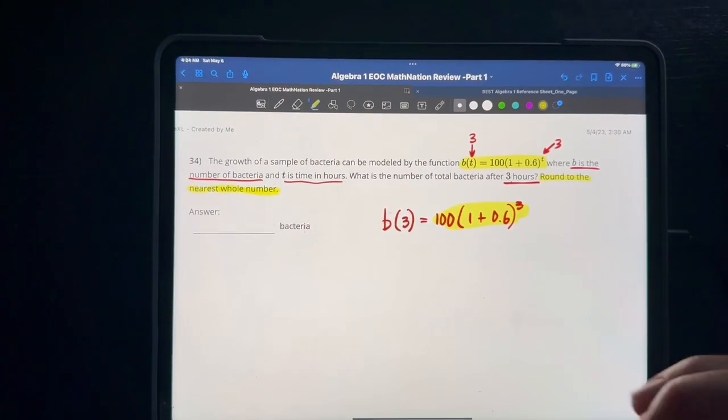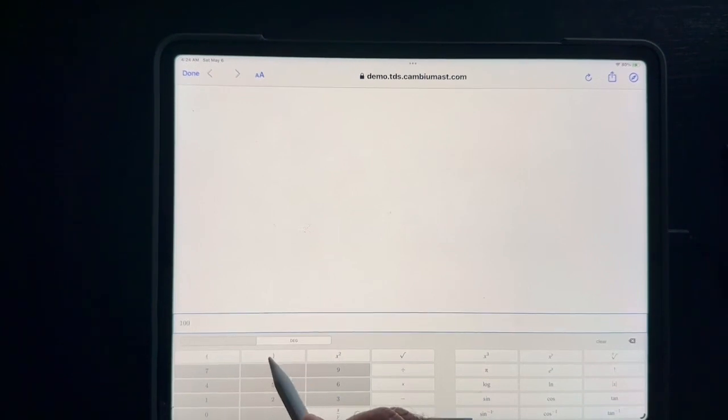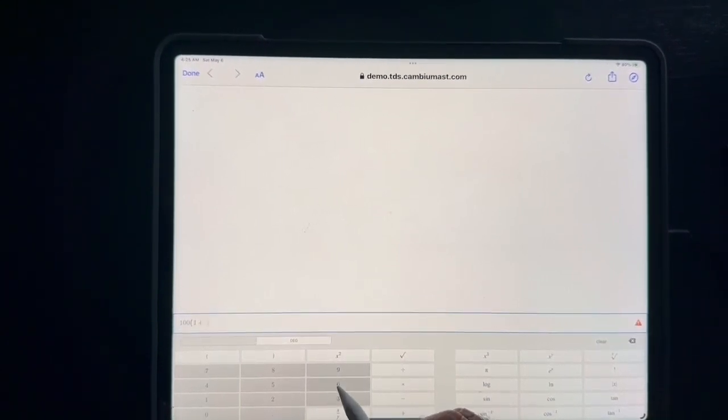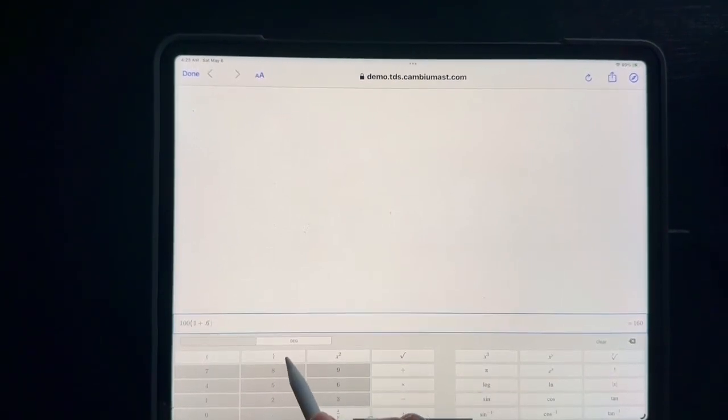Okay, I wrote it down, switched over, boom, clear. And I'm going to write down what I had here, 100. You write down exactly the way you see it. Parentheses, 1 plus, what's this, 0.6. You don't have to put the 0 in front. You can if you want.